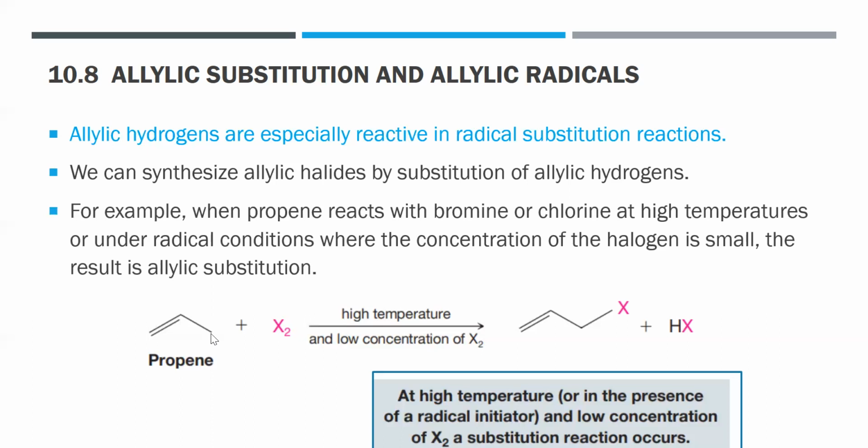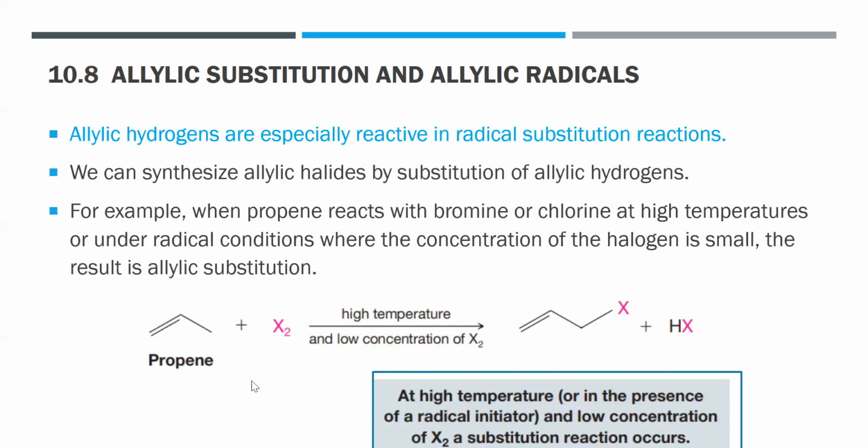If you remember in your alkenes, whenever you have your halogens, these halogens will add to your double bond, right? But in the presence of a very high temperature and a low concentration of your X2, and in the presence of a radical initiator, the halogens will actually not add to your double bond. They actually add to the allylic position in a substitution reaction.